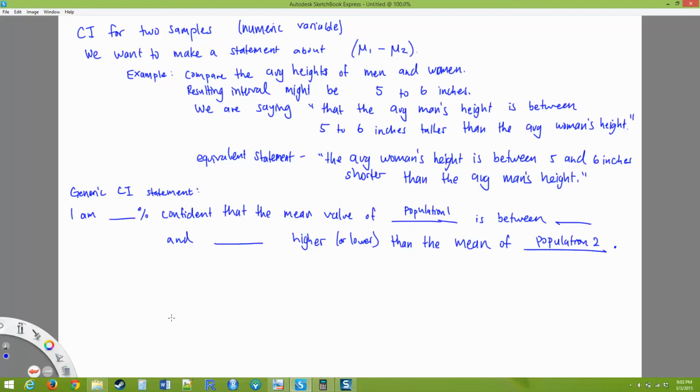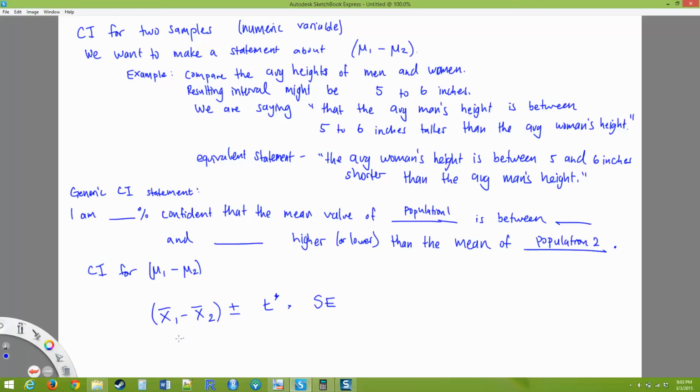Okay? So, this is a confidence interval for the value of mu1 minus mu2, or the mean of population 1 minus the mean of population 2. It is going to be equal to x bar 1 minus x bar 2. This goes in the center of our interval, plus or minus t star times the standard error.